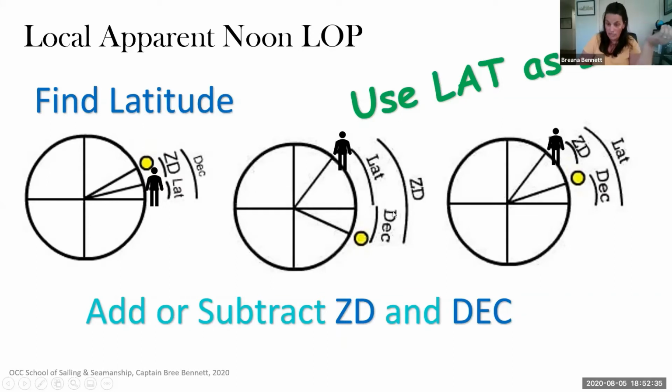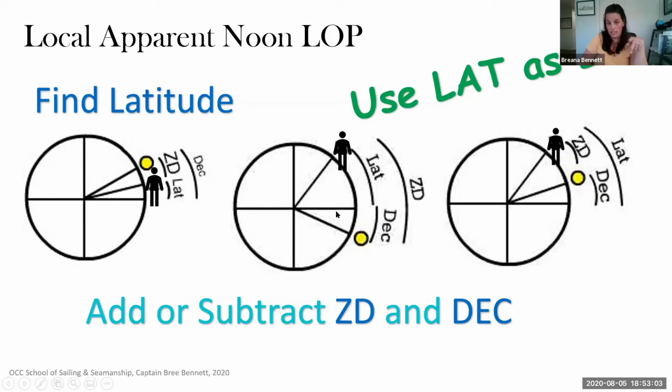And how we decide if we add or subtract is, I like to actually draw this little picture out. It doesn't have to be exact by any means. It's just, hey, the sun is to the north of me. I'm in a pretty low latitude. So in this case, in order to get latitude, I would subtract my ZD from my declination to get latitude.